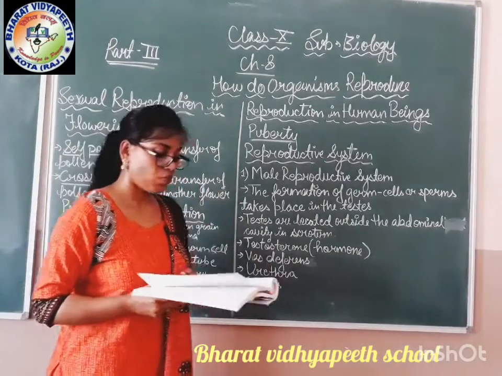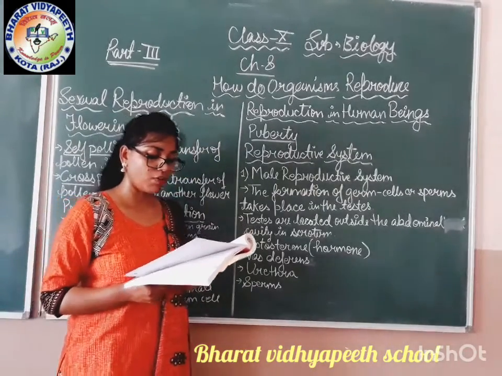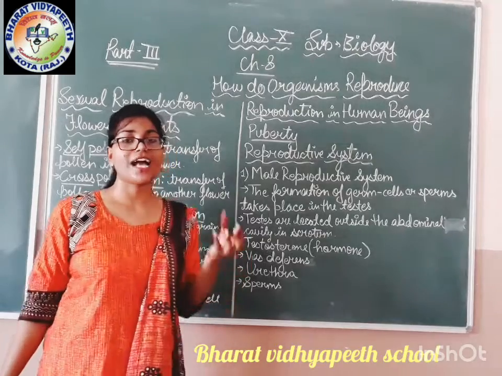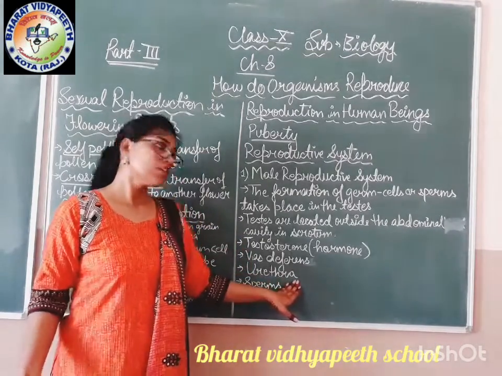Next is the urethra, which forms a common passage for both the sperm and the urine.